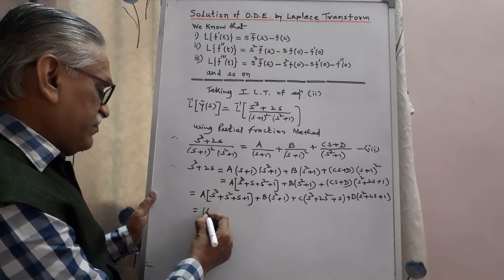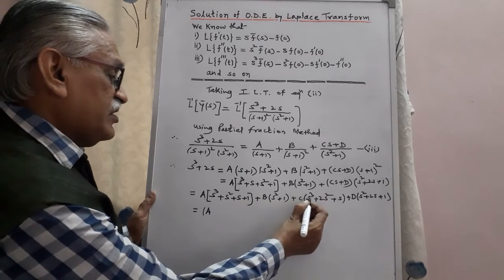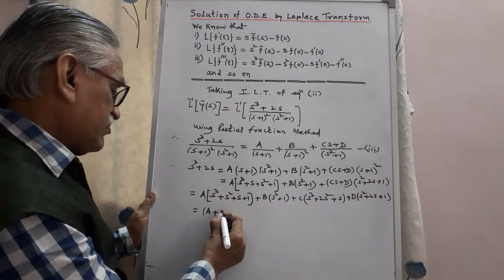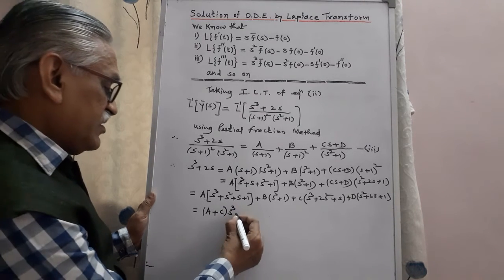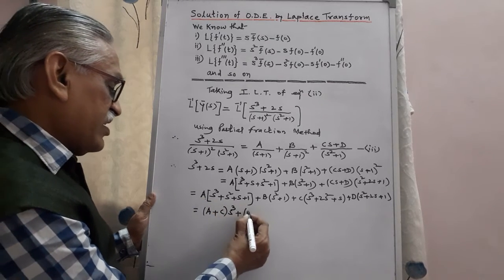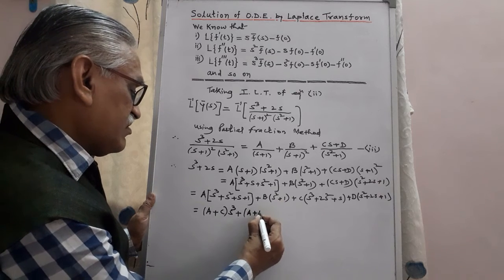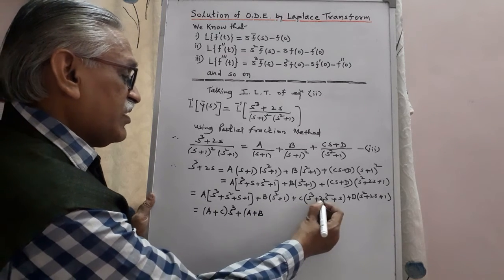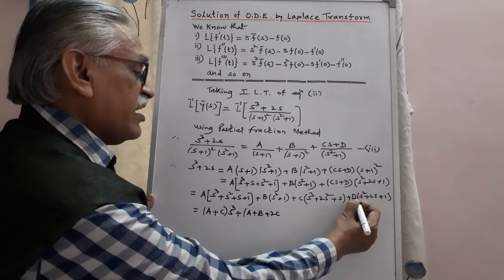a into s cube, c into s cube, 2 terms of s cube, then collecting the terms of s square, a into s square plus bs square plus 2c s square and plus d.